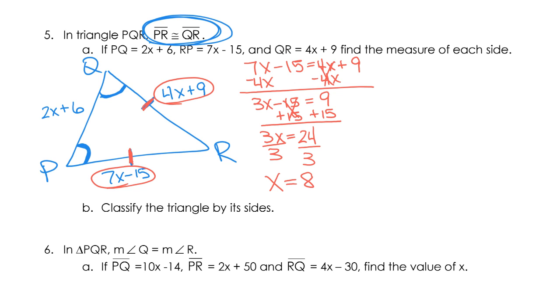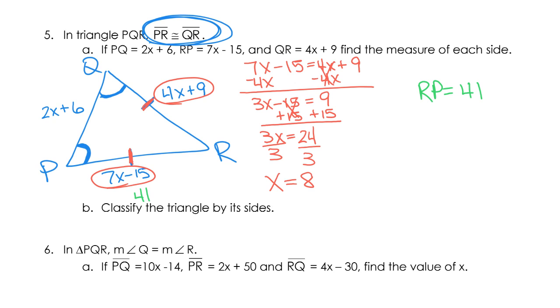Answer the question, because it says find the measure of each side. So we're going to go ahead and take our 8 and plug it in. On the bottom here, 7 times 8 is 56. 56 minus 15 gives us 41. So RP ends up being 41.